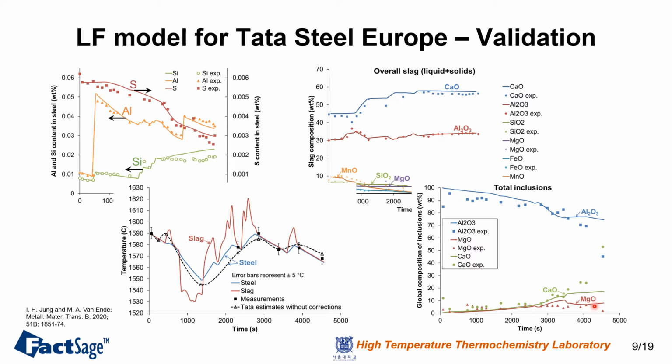Of course, the parameters we are using for Tata Steel can be different from other steel plants, and this really depends on their operation conditions, dimensions, and operation style. So based on the real plant data, we can tune the parameters for the process model.